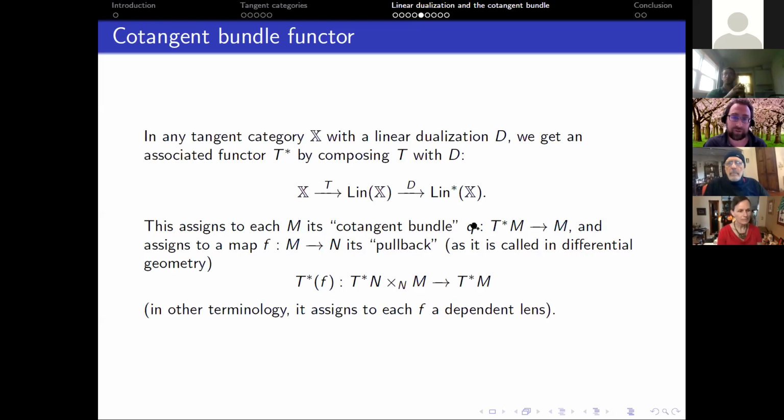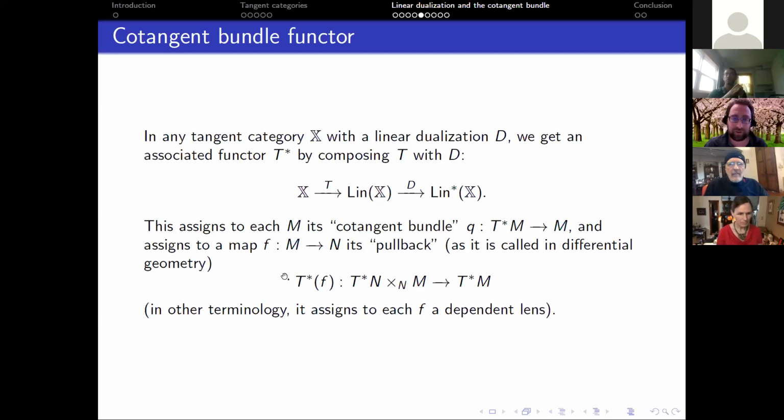We'll think of this as assigning to each object in the base category its cotangent bundle, which is Q T star M over M. And what it's going to do to a map in the base category, it's going to assign something which has, again, this bidirectional nature, something going from T star N, pulled back over N M, to T star M. So given a cotangent vector on the codomain, it pulls back to a cotangent vector on the domain.